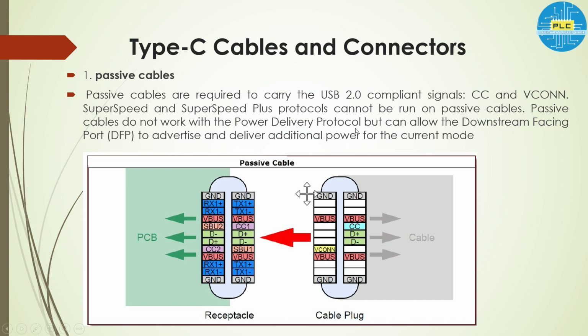One more protocol is the power delivery protocol, but it can allow the downstream facing port to advertise and deliver additional power for the current mode. It won't take much power, but it can advise the DFP. See, here is a simple example of a passive cable.